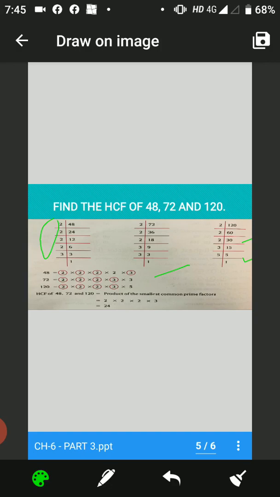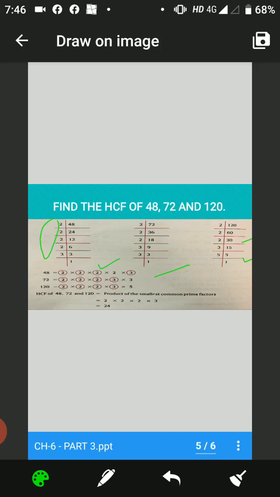Now HCF. Firstly we write the common factors. 2 is common in all the numbers. We have to see the common factors that all the numbers have, and that we will consider. So 2 is common in all these 3 numbers. Clear? Then multiply by 2, because again 2 is coming in all the numbers. Then we take another 2 because it is common in all these numbers.